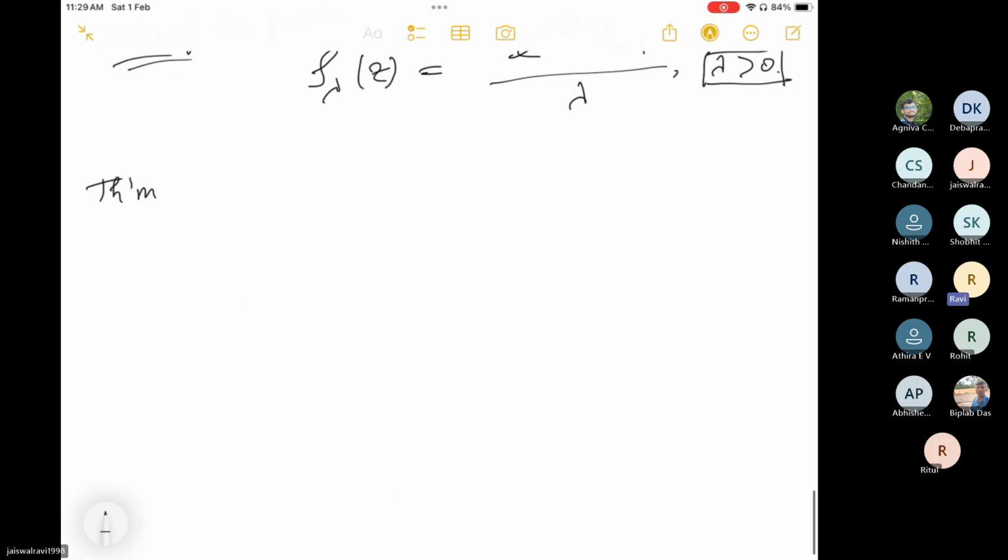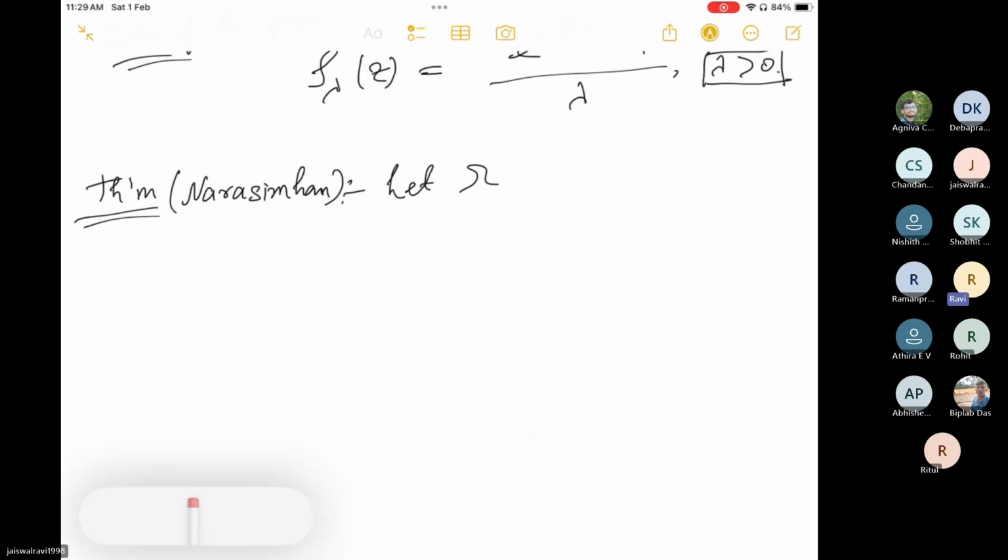So the theorem due to Narasimha. Let omega be a bounded domain in Cn, where n is greater than or equal to 2, a domain with C2 boundary.